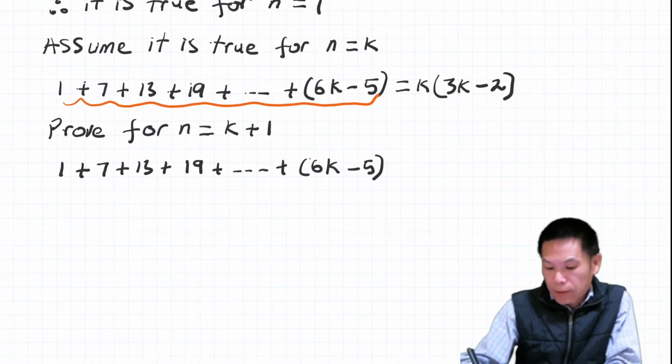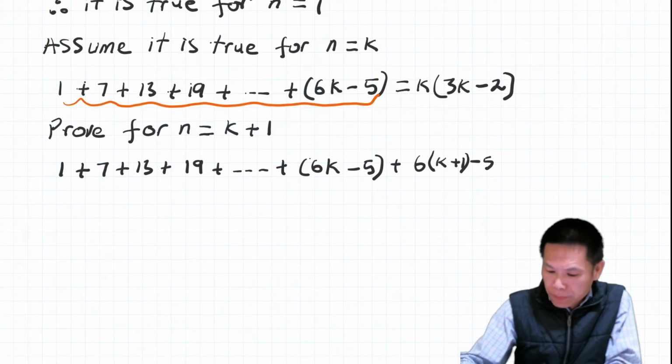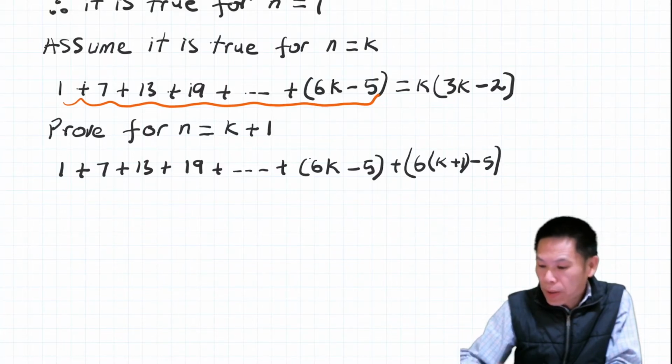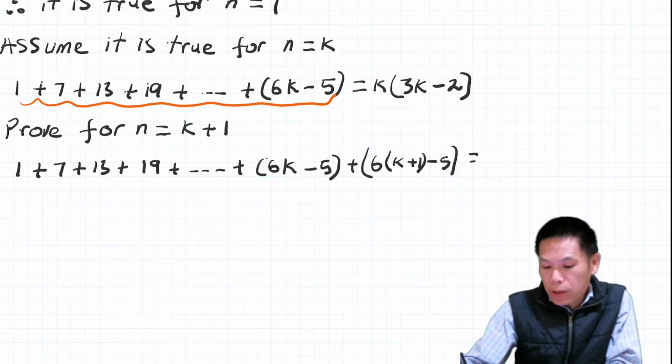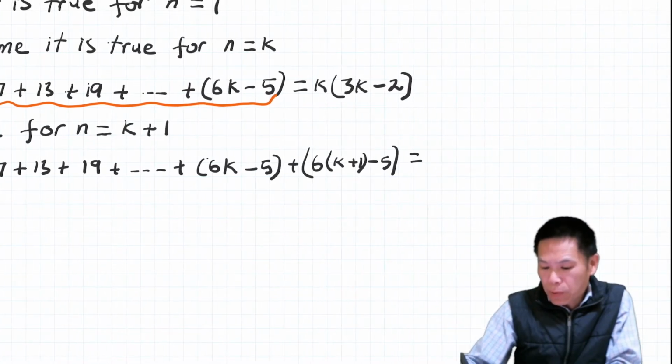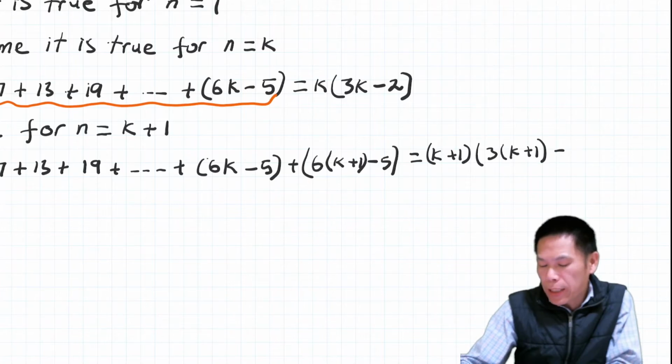So add 6 times k plus 1 minus 5, that is the term, and on the right hand side we just substitute that in there, so which is k plus 1 and then 3 lots of k plus 1 because n is k plus 1.